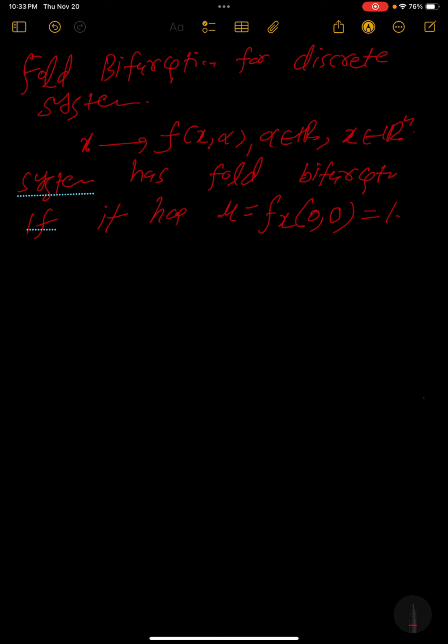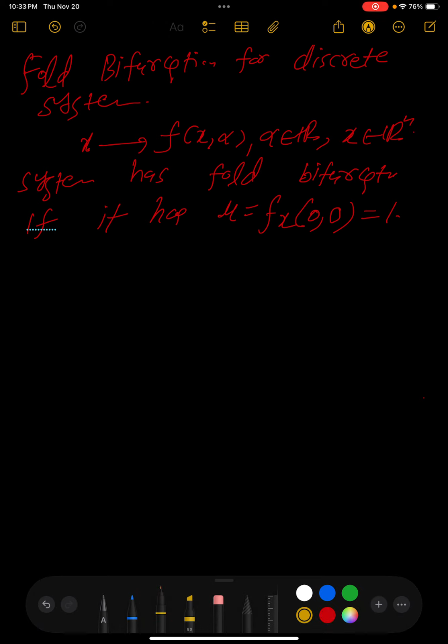Okay, this is the condition, this is the main game, but definitely we will talk about the generic condition. But before that we are going to discuss the normal form of the fold bifurcation.